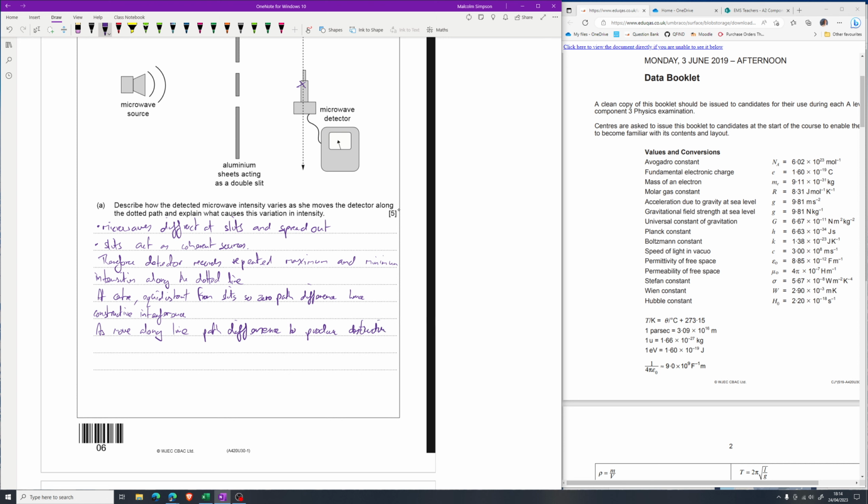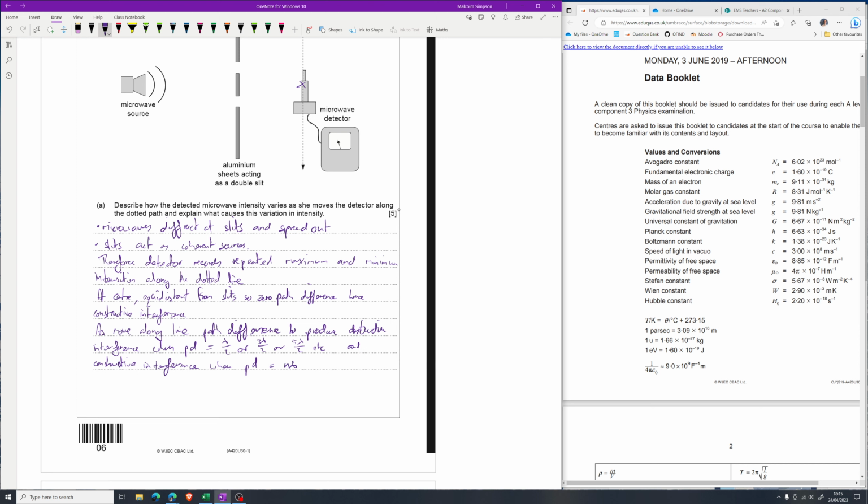Destructive interference when path difference equals lambda over 2 or 3 lambda over 2 or 5 lambda over 2, etc. And constructive interference, I suppose I could have written that in some sort of formula, when path difference equals n lambda.